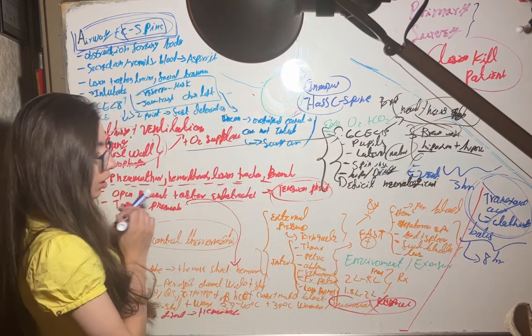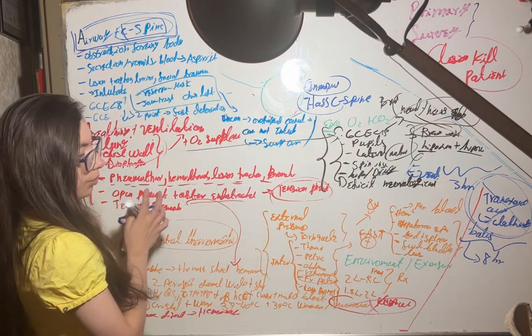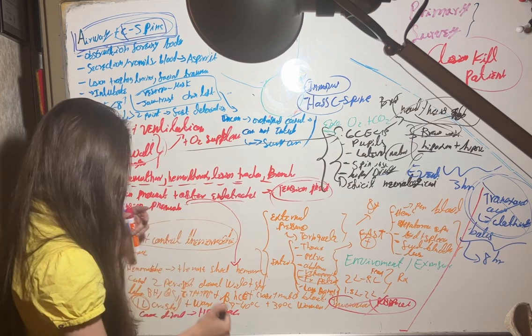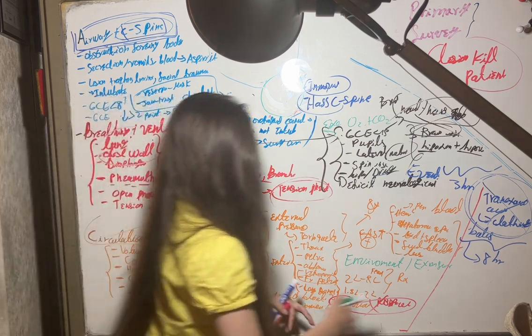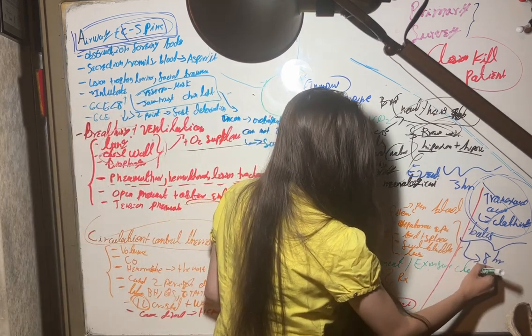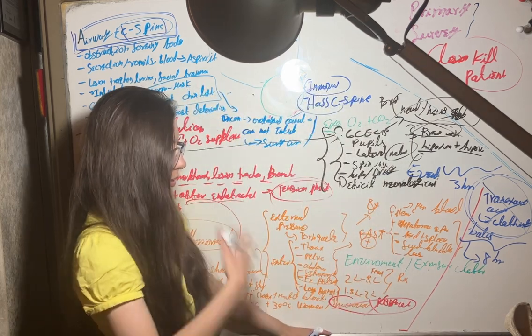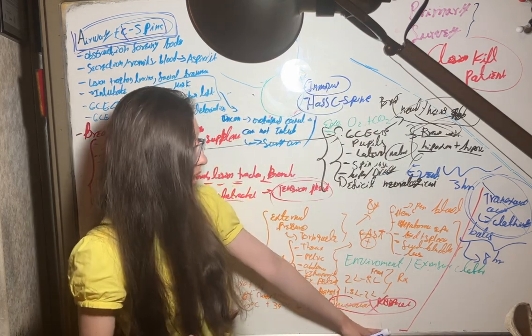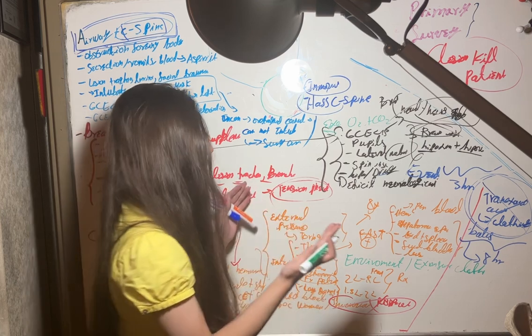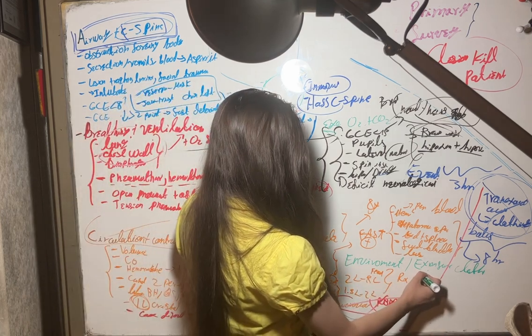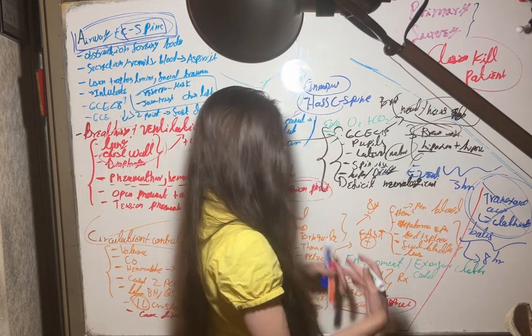And now the environment and exposure. So we need to take off all the clothes of the patient to evaluate the whole patient and see where the patient has lesions. But we should take care not to make the patient cold.